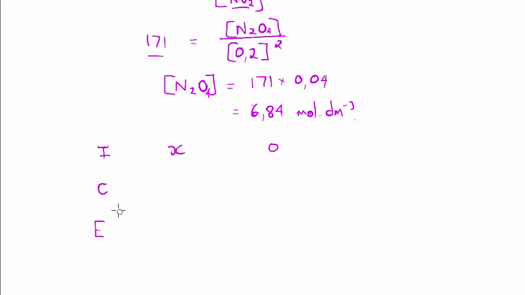this is the ice table. At equilibrium, I have 0.2 moles of this one, and I've got 6.84 moles of this one. But that's not how many moles I have, that's how many moles I have per cubic decimeter. So in other words, I know the concentration.